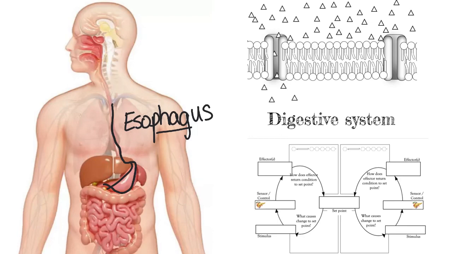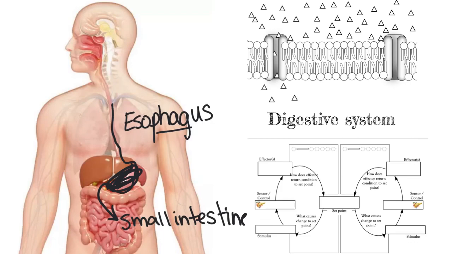The stomach's really going to be where digestion starts to occur, but what we care the most about is absorption. So once we've got the nutrients broken down and digested in the stomach, they're making their way to the small intestines. Now, glucose does not diffuse directly through the phospholipid bilayer.